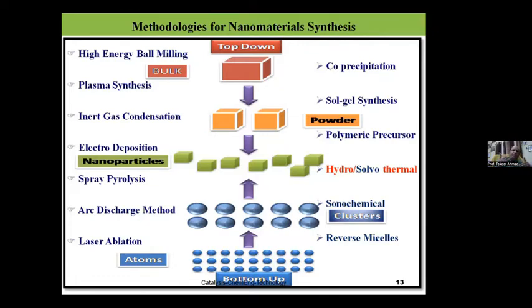These methods are called physical methods, and generally people from a physics or mechanical background use them, like high energy ball milling, inert gas condensation, spray pyrolysis, electrodeposition, plasma synthesis, arc discharge method, and laser ablation method. The second approach is the bottom-up approach.